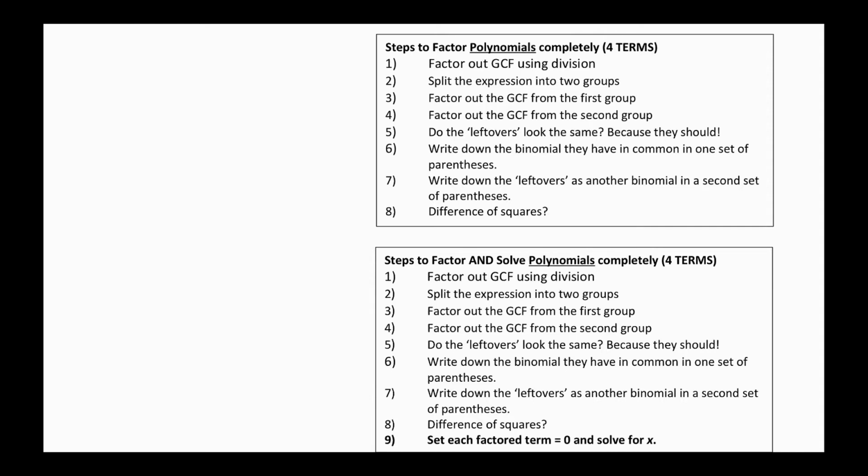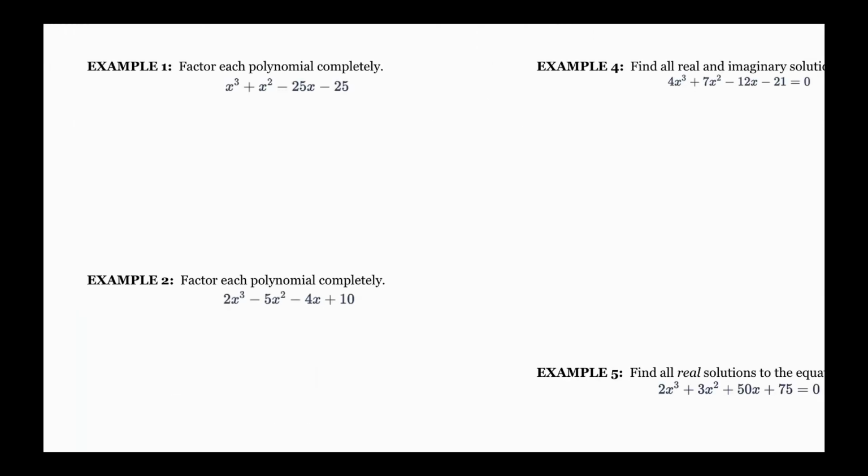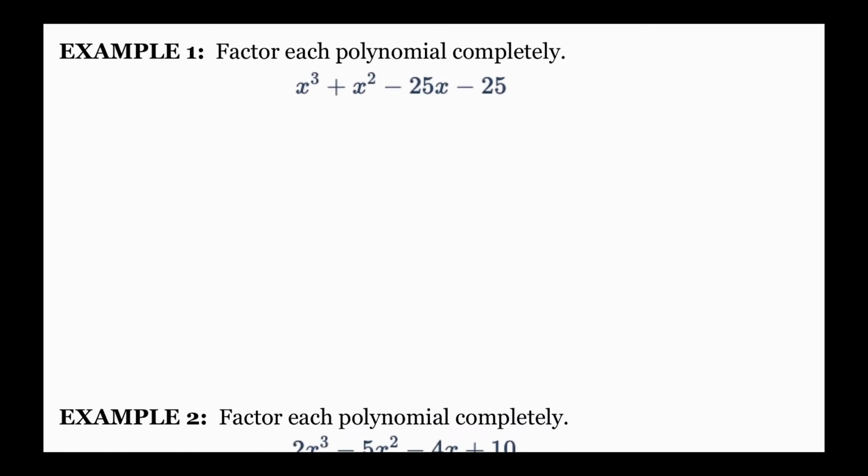All right? Okay, so let's look at number 1. It's got 4 terms, right? Well, we start out the same. Is it in standard form? Yes. It goes in order, right? Third, second, first, no power. GCF.